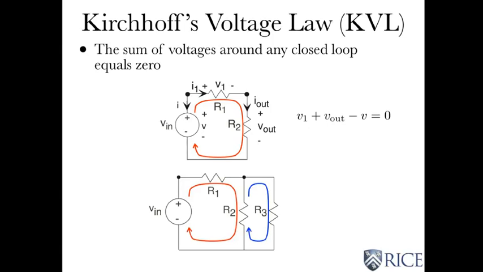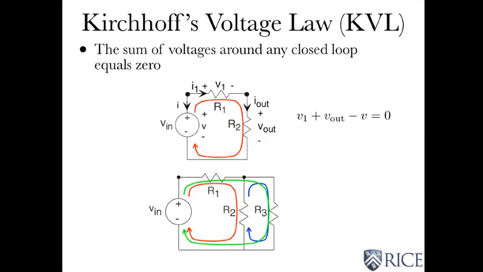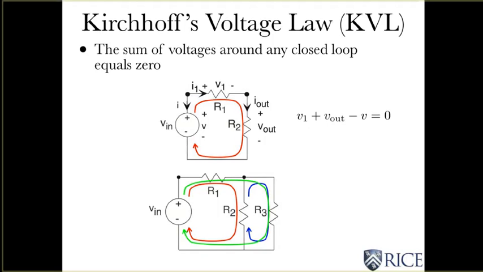Well, I get 1 loop involving the voltage source, R1 and R2, and I get another loop out here that's surrounded by R2 and R3. However, I'd point out there's another loop, and that is the green loop. That's also there too. Well, it turns out the number of KVL equations you need is determined by how many open areas there are in the circuit.